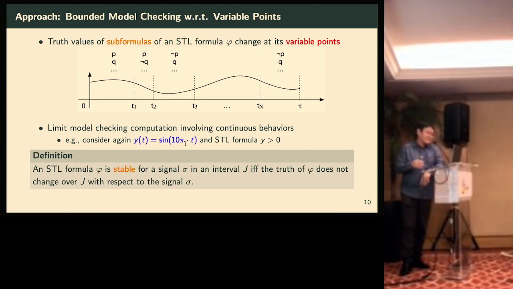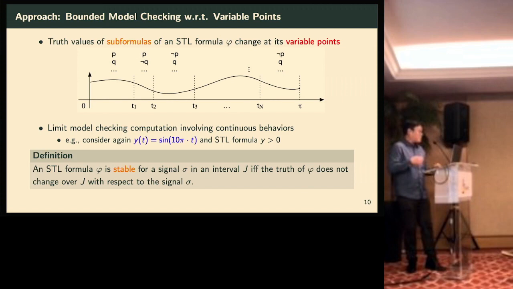So basically, if those time points are variable points, then in each interval in the middle the STL formula is stable. So the first idea is just to perform that kind of technique.